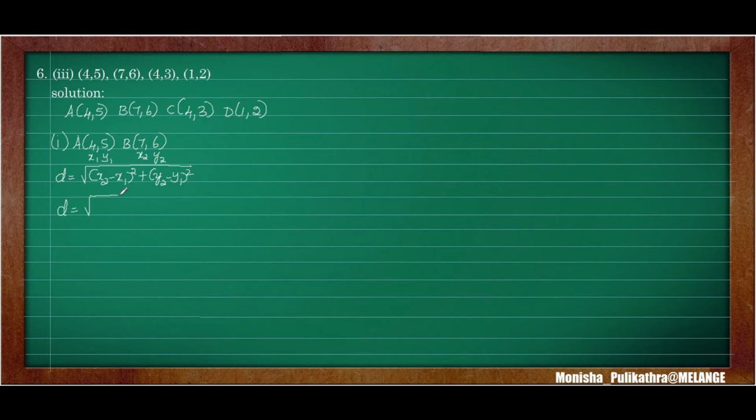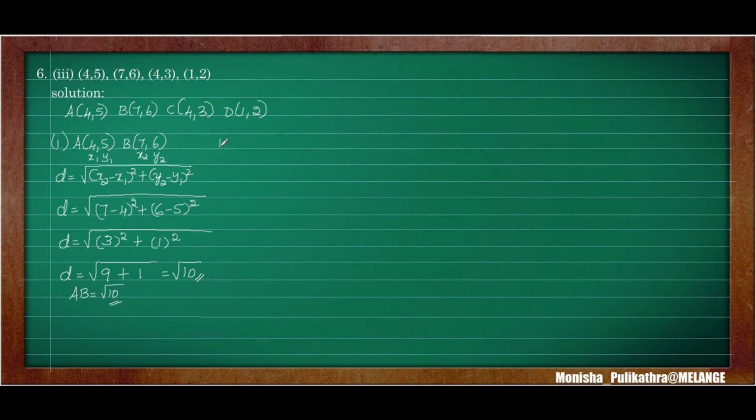So D is equal to square root of (7 minus 4) whole square plus (6 minus 5) whole square. So D is equal to square root of 3 square, which is 9, plus 1 square, which is 1. That is equal to root 10. So the value for AB is equal to root 10.